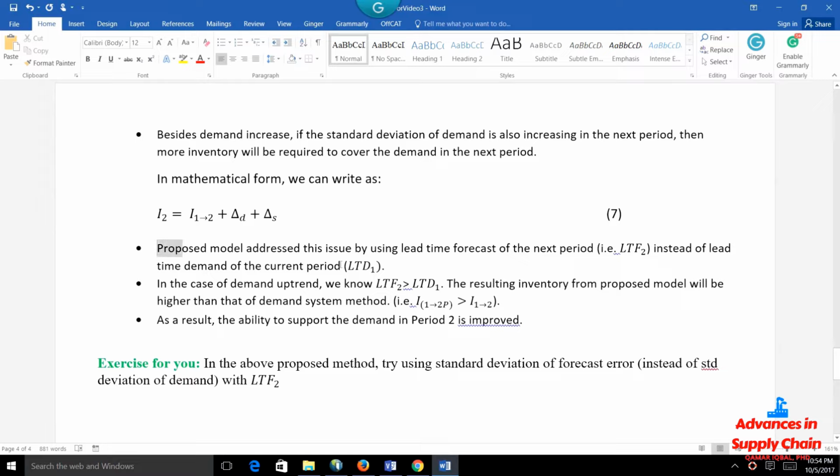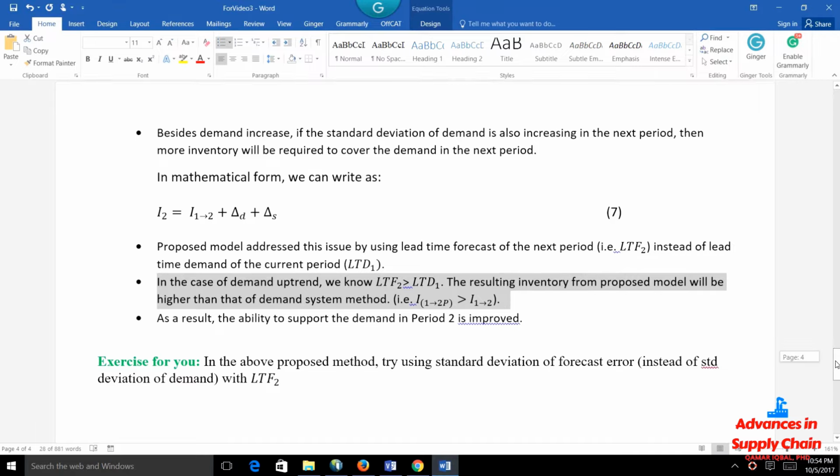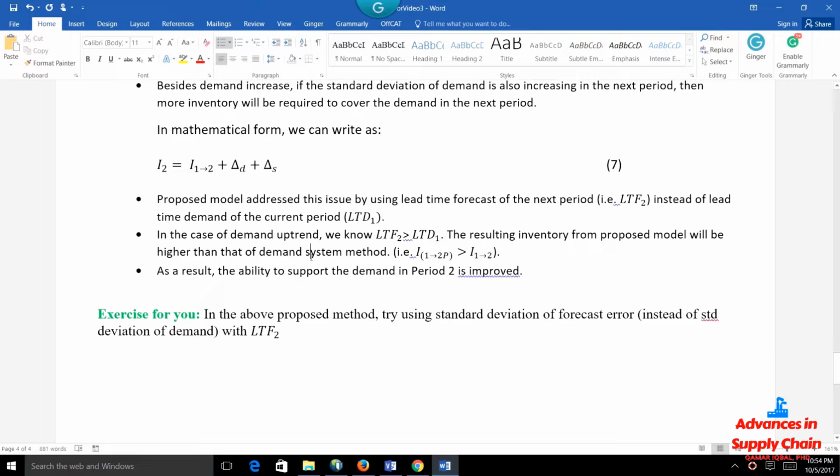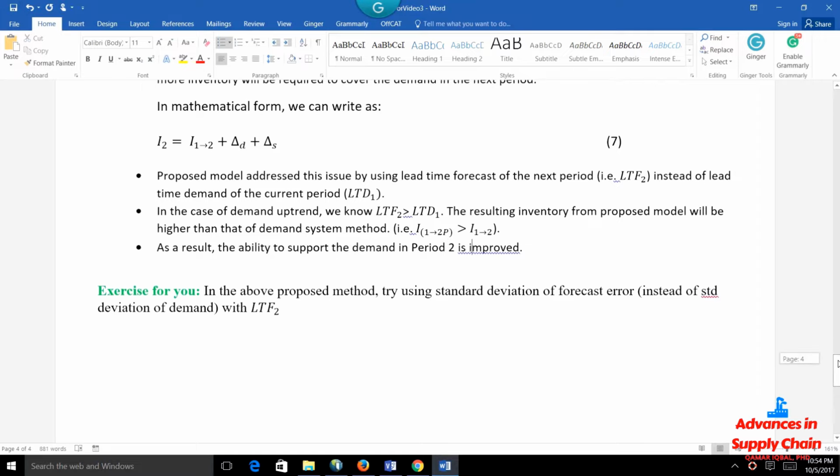So the proposed model addresses the issues that we raised in case 3 and case 4. In the case of demand uptrend, we know that LTF2 will be higher than LTD1, so the resulting inventory will be higher, and that will avoid the situation of stock out. As a result, your ability to support the demand in period 2 has been improved.